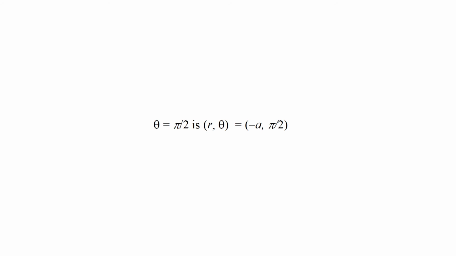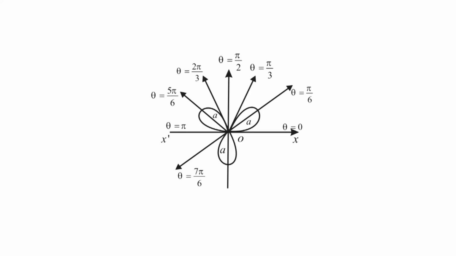In particular, the point corresponding to θ = π/2 is (r, θ) = (-a, π/2). Also, since r = 0 for θ = π/3 and θ = 2π/3, the curve returns to the same point, and hence a petal lies between θ = π/3 and θ = 2π/3, which lies below the initial line as shown in the figure.